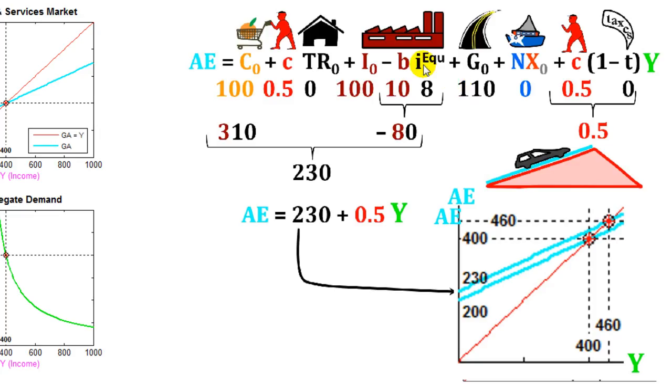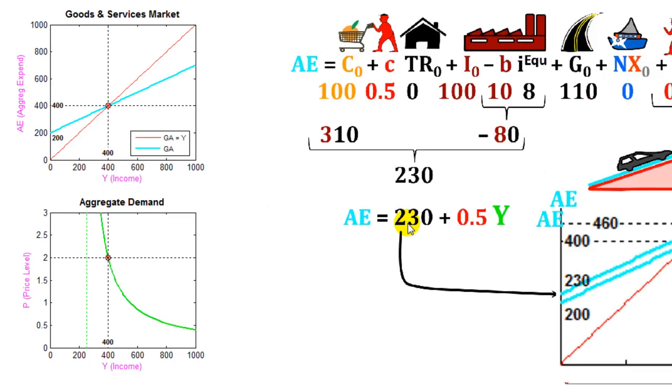Interest rate in equilibrium is not 5, now is 8, and G is not 50 as initially, now is 110. So you have 100 plus 100, 200, 310 minus 80, you have 230.